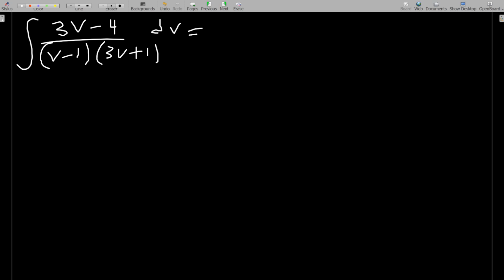I'm going to quote it, and then I will urge you to actually go through that partial fraction. Okay, let me write this. This is the same as the integral of a over v minus 1, because if I convert this to partial fractions, this is what I will have.